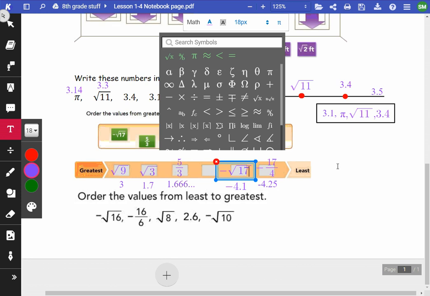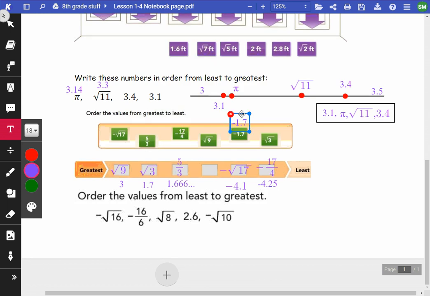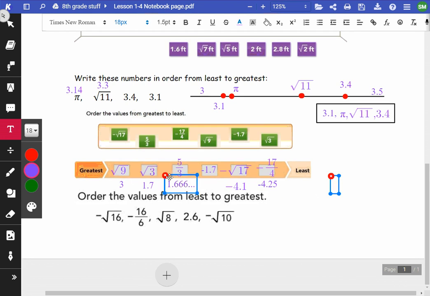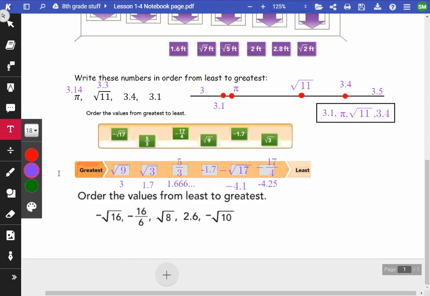Put it right there. And the last one, negative 1.7, which was already a decimal. Going to drop it right there. And there we go. Greatest to least. 3, or square root of 9, square root of 3, 5/3, negative 1.7, negative 17, negative 17 over 4. Negative square root 17, I should have said.